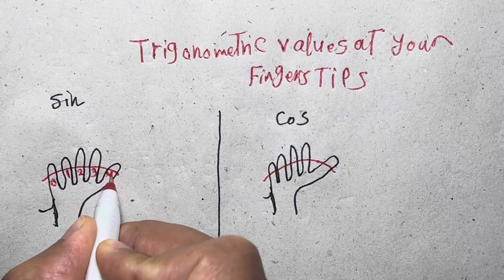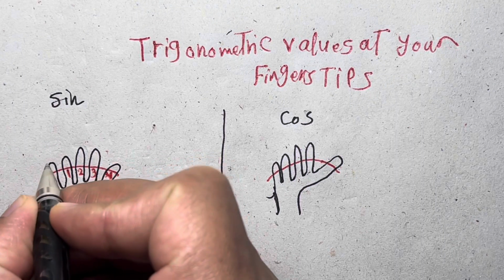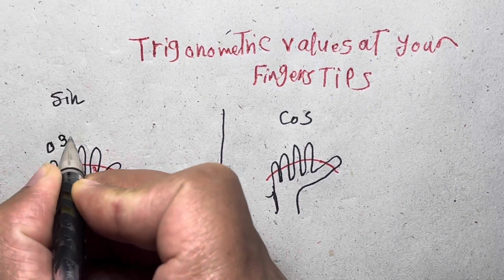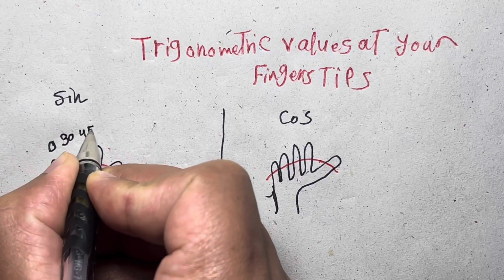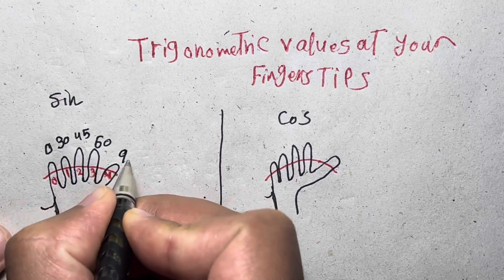Okay, this is the first thing: I'm going to count the fingers, 0, 1, 2, 3, 4. And I'm going to put the angles here: 0, 30, 45, 60, and 90 degrees.